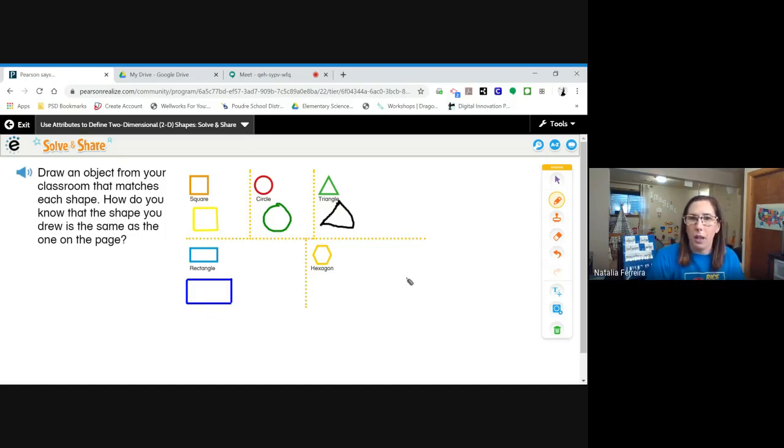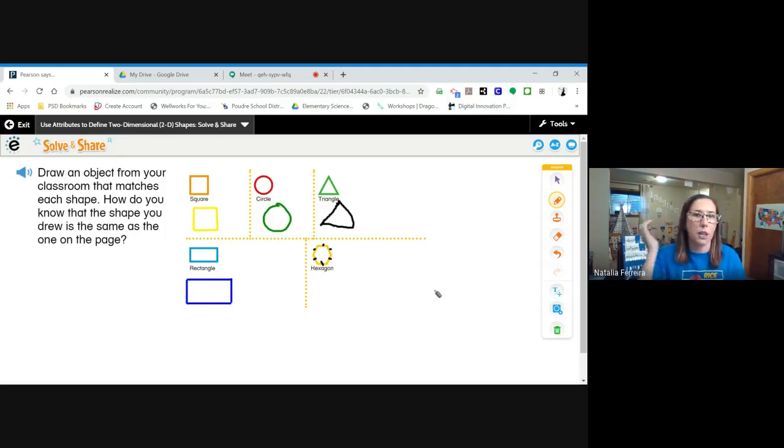Okay, now the last one was pretty hard to find. This is a hexagon. It has how many sides? 1, 2, 3, 4, 5, 6. And it has the same amount of vertices. 1, 2, 3, 4, 5, 6.